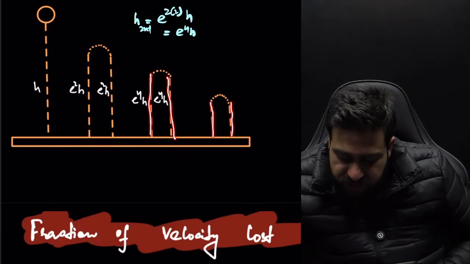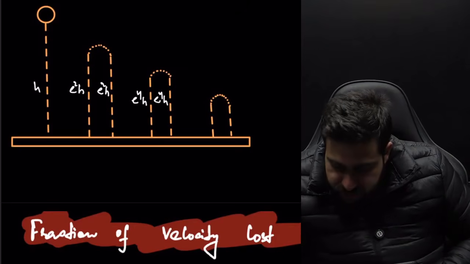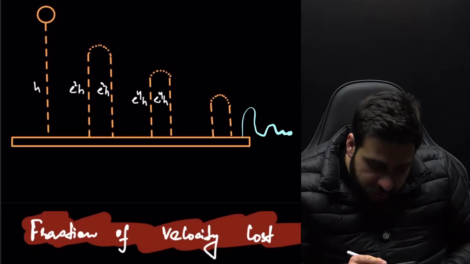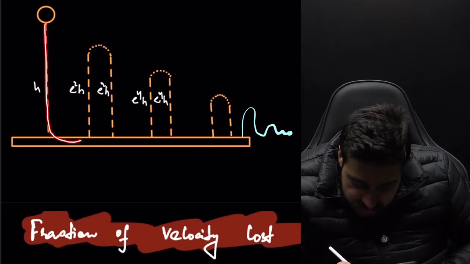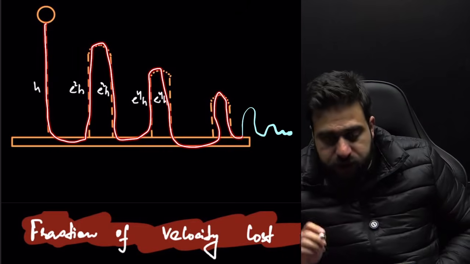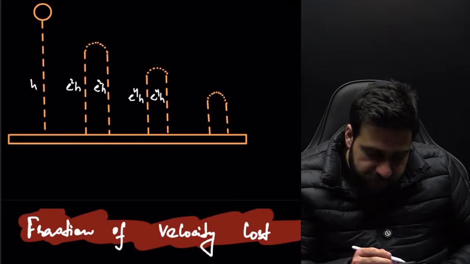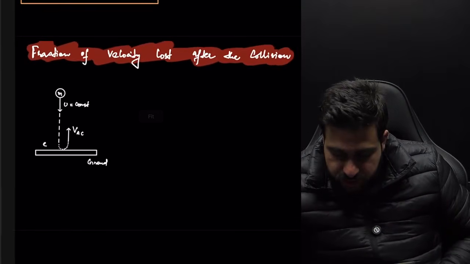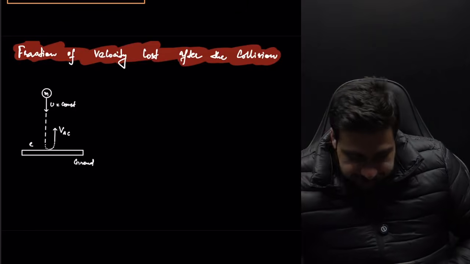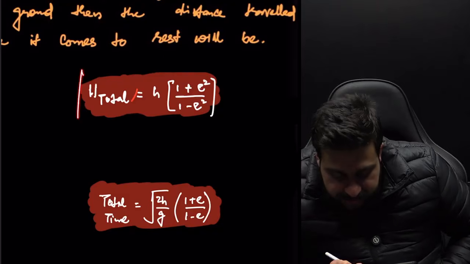Similarly, this is the height after third collision. If I say this body again goes up, and here it comes to rest, you have to calculate the distance covered. This distance plus this, plus this, plus this, all these distances. So my dear NEET aspirants, if you add all these distances, listen carefully, and I would say directly remember this expression.